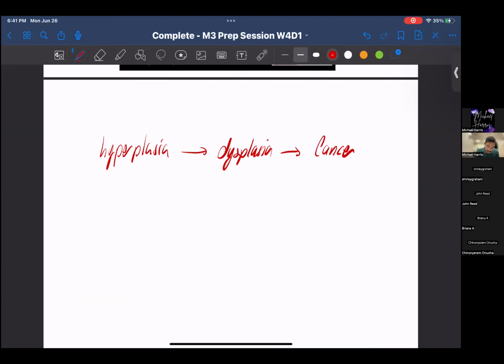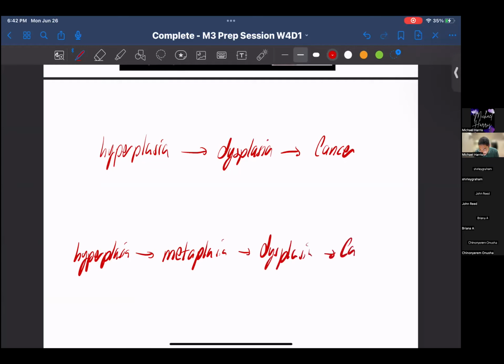Or you can have hyperplasia, which leads to metaplasia, which leads to dysplasia, and then finally cancer. These are the two different ways you end up getting cancer. Okay? It's either hyperplasia to dysplasia to cancer, or hyperplasia to metaplasia to dysplasia to cancer.